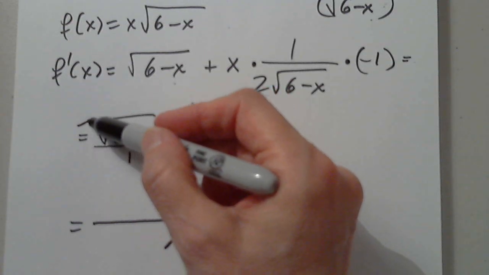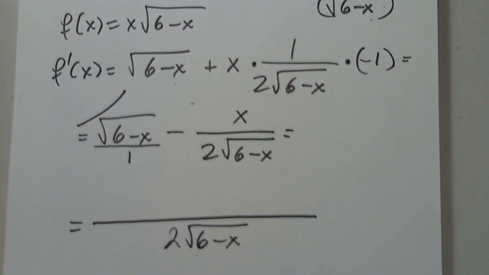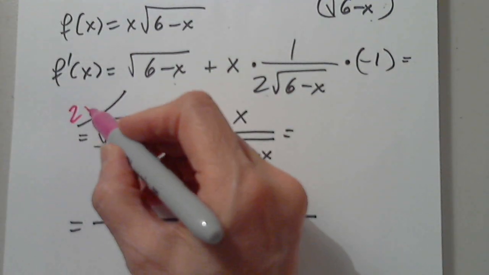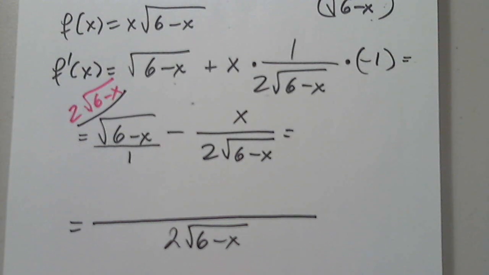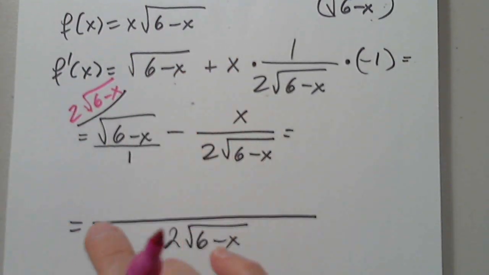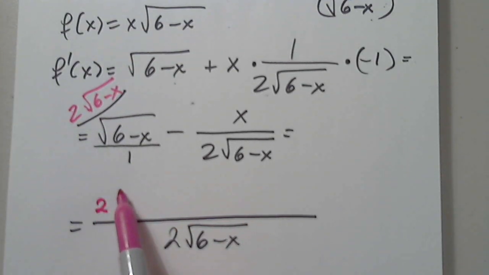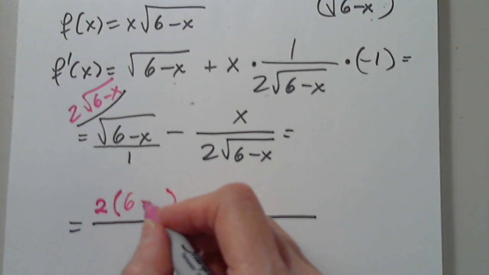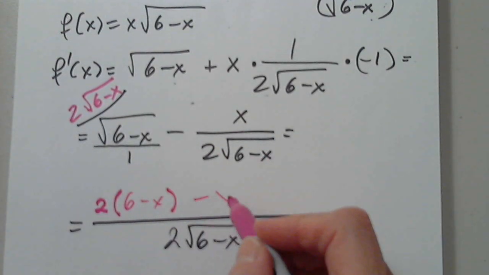What do I need to multiply the top of this first fraction by? The denominator. Exactly. 2 the square root of 6 minus x. 2 the square root of 6 minus x times the square root of 6 minus x will be 2 times 6 minus x. That's it. Minus x. Awesome.